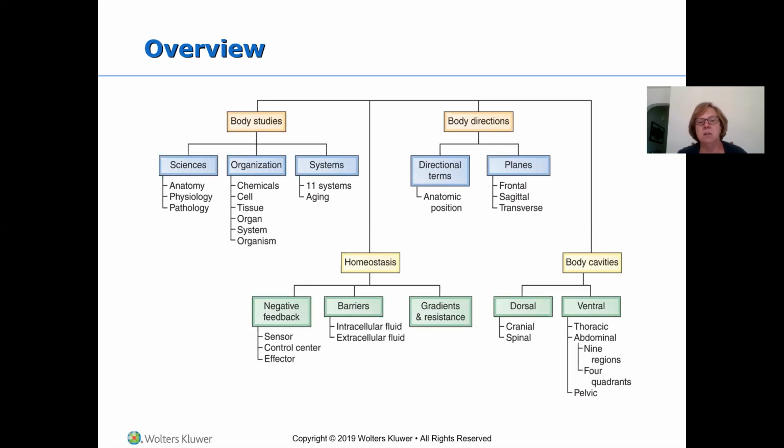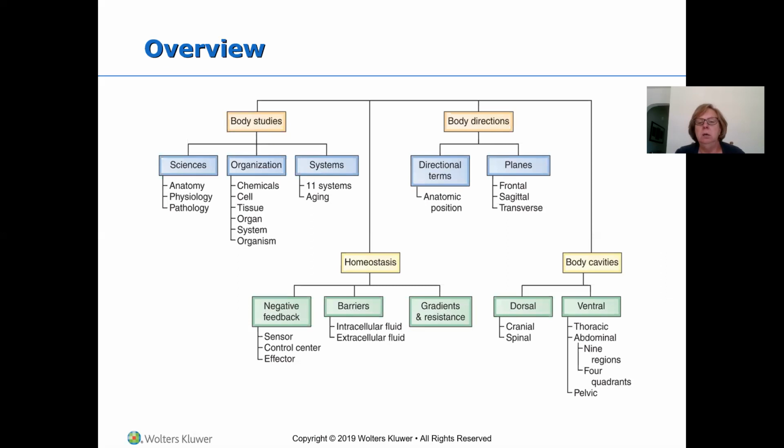Then those cells come together to form a tissue, and then the tissues comprise an organ, and then the organs make up a system, and then eventually you have organisms. There are 11 different systems that we're going to look at in depth in this course. And of course, those systems change as we age, and we'll introduce some of those things as well.